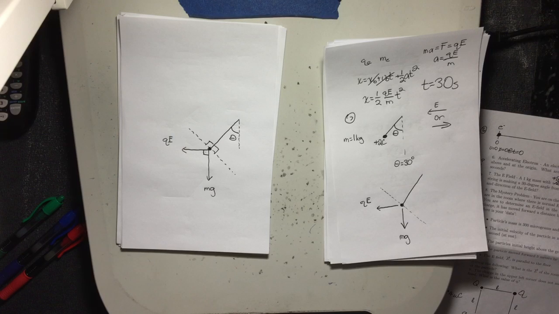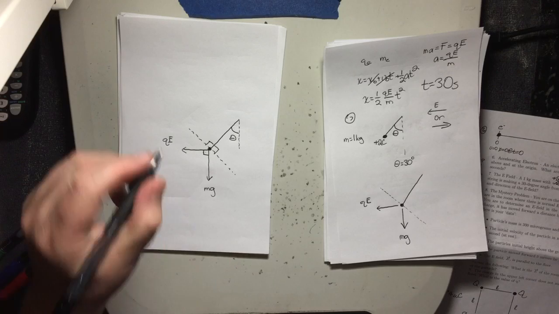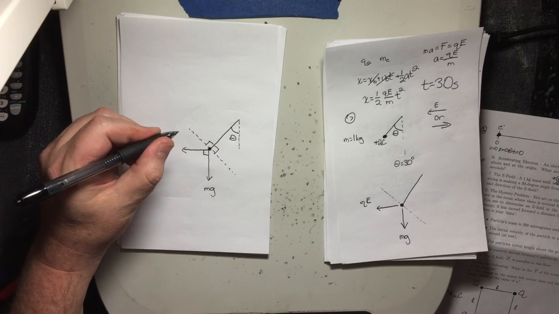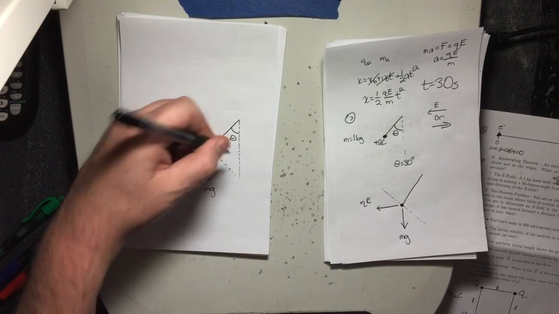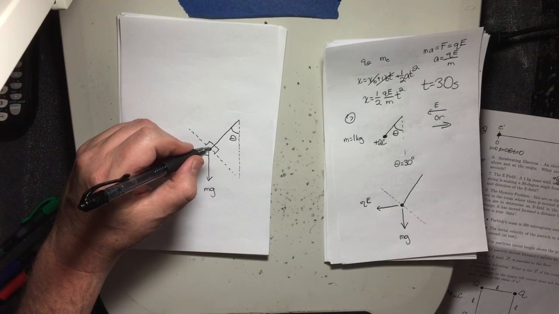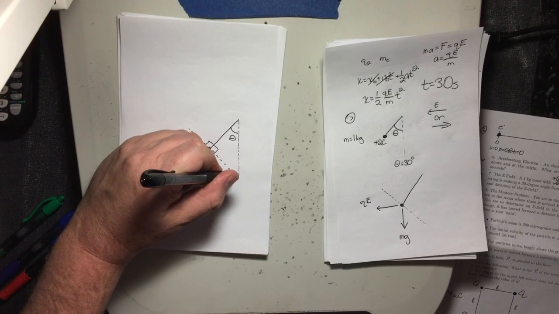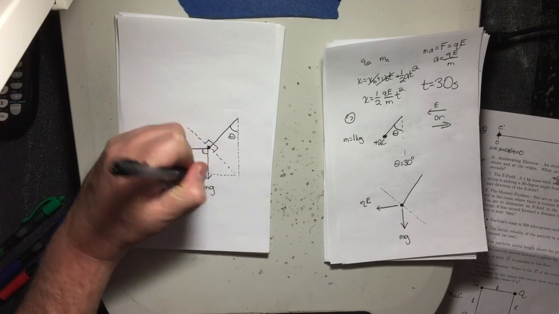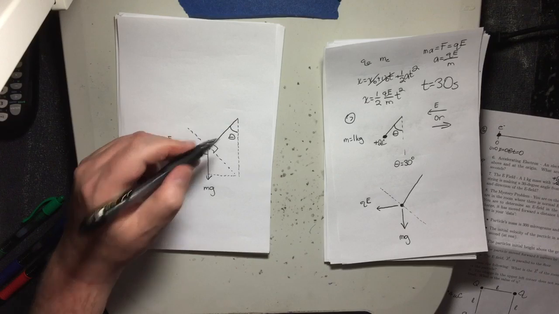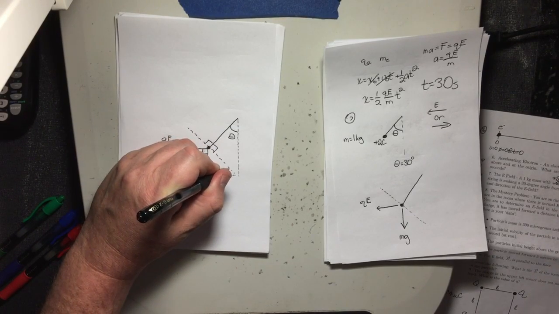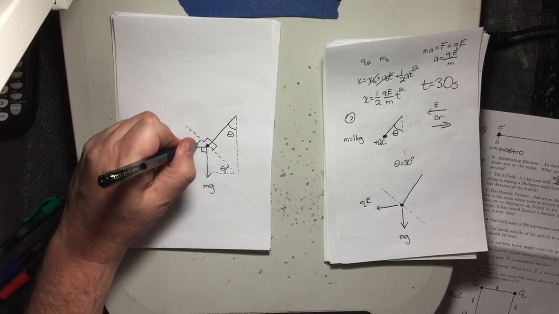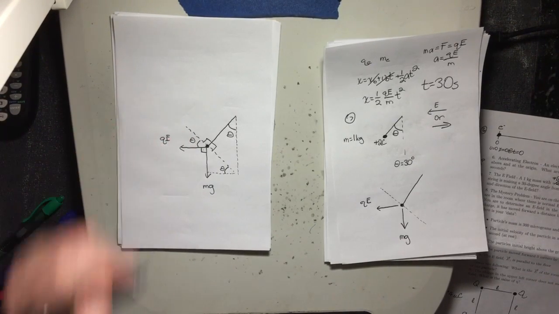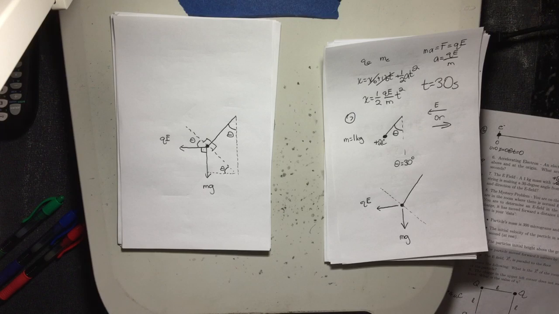So if that is theta, there is a geometry question in all of this. If that's theta, then that must be theta. And if that's theta, then that must be theta. Let me explain why.